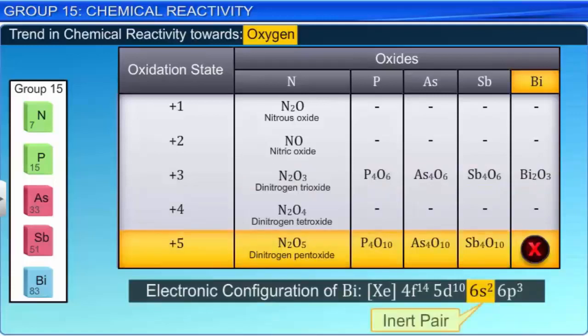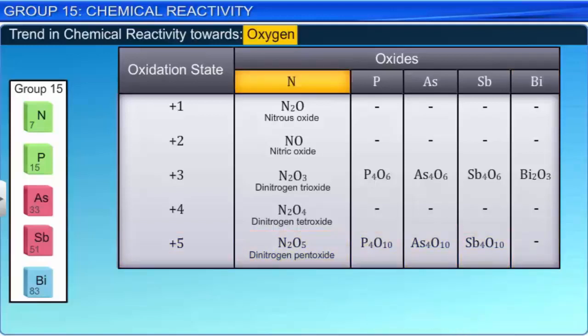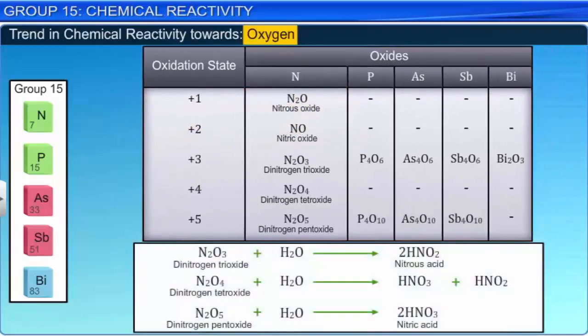The lower oxides of nitrogen, such as nitrous oxide and nitric oxide, are neutral, while the higher oxides, such as dinitrogen trioxide, dinitrogen tetroxide, and dinitrogen pentoxide, are acidic. Oxides in the higher oxidation state of an element are more acidic than that of the lower oxidation state.